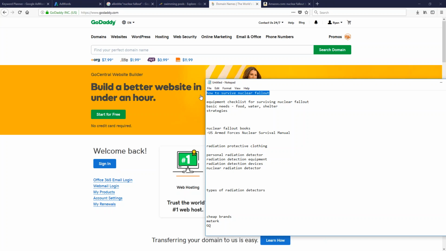Now, the biggest thing you want to avoid with domain names is anything that might be a brand name, company names, model names, model numbers, anything that might be some kind of a registered trademark of a company. All of that stuff you need to avoid with the brand names.